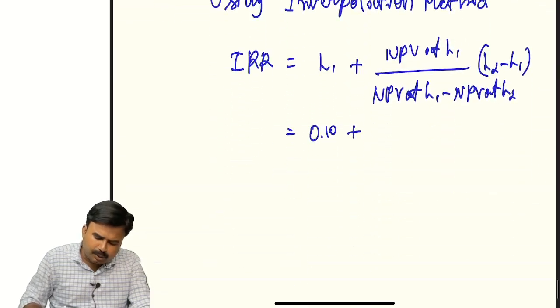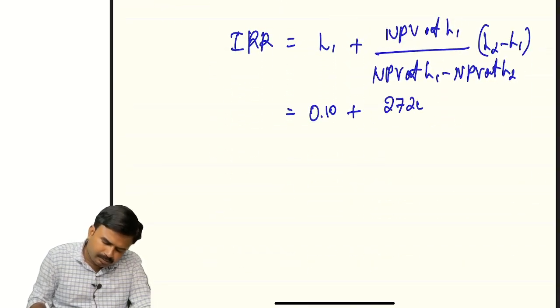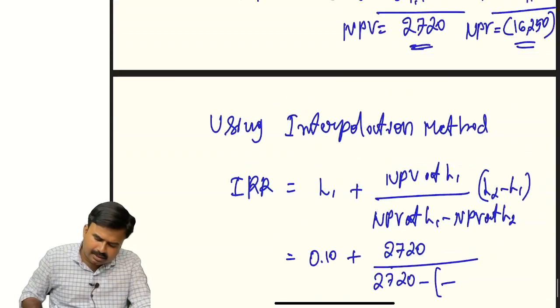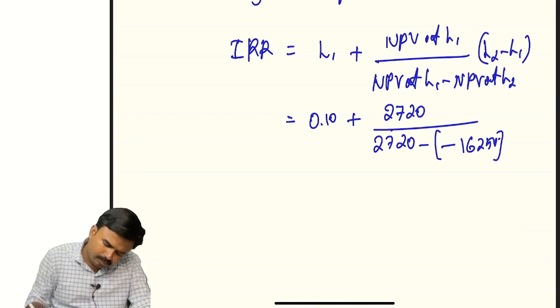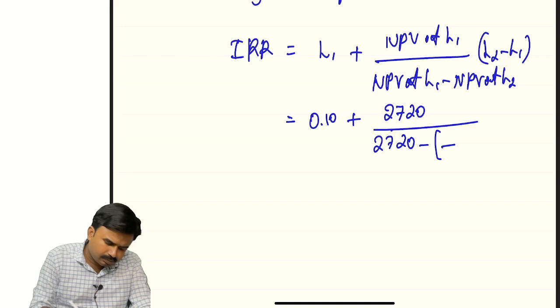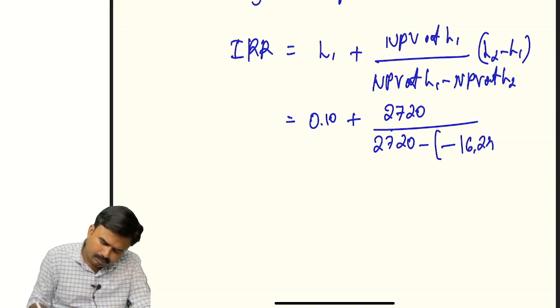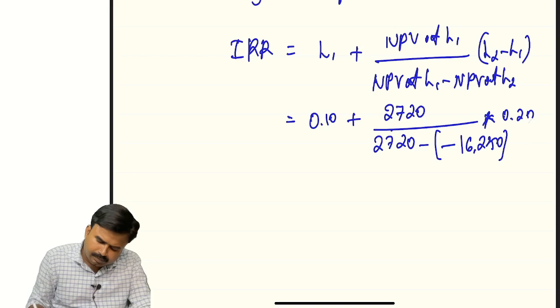NPV at L1 is 2,720, divided by 2,720 minus of minus 16,250, into 0.20 minus 0.10.